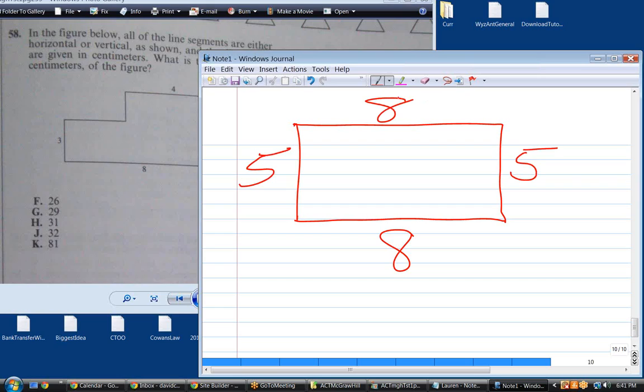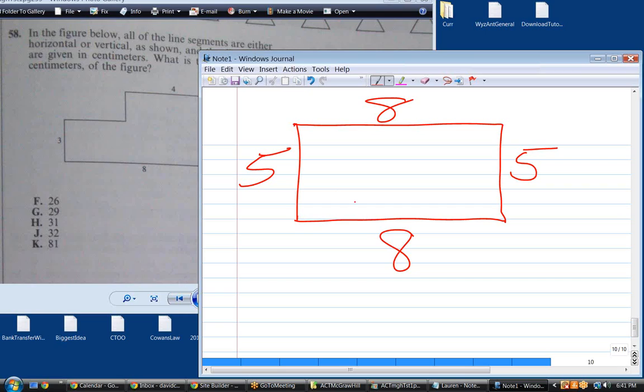Perimeter is add them all up. So that one's 26. That's the answer.